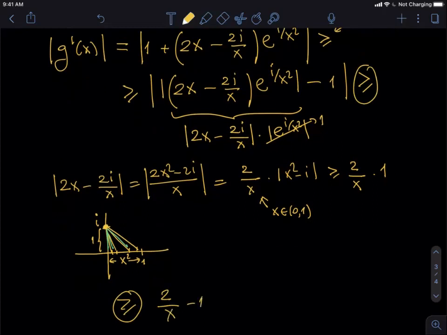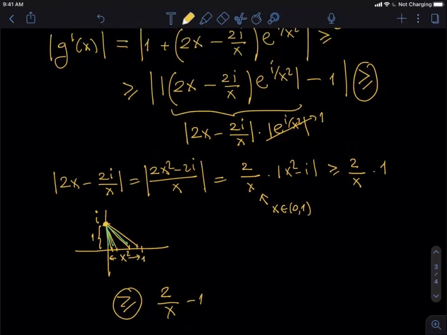And here notice, it could be 2 over x minus 1 or 1 minus 2 over x, but clearly 2 over x is larger than 1, okay? Because the smallest it can be when x is in (0, 1) is when x equals 1, which is 2, much larger than 1. So 2 over x minus 1 it is.